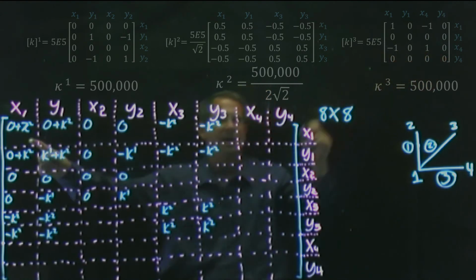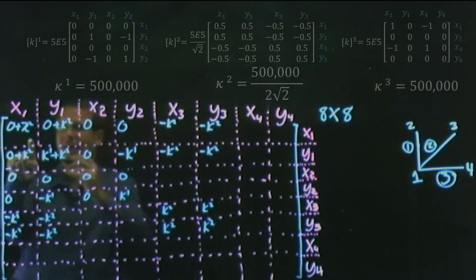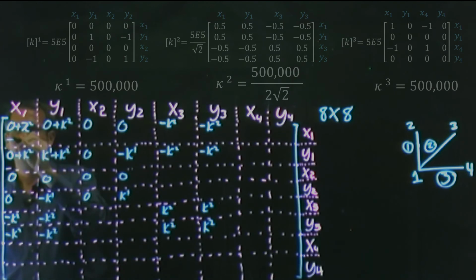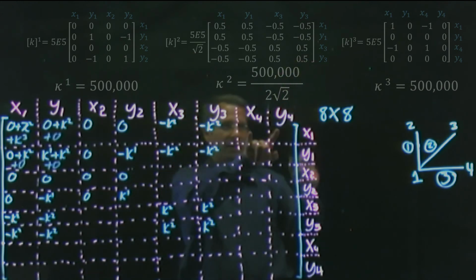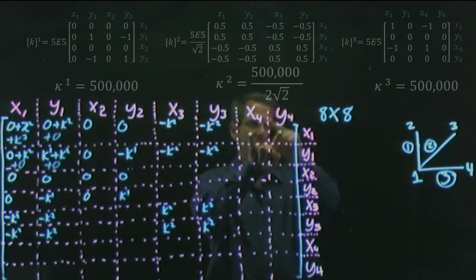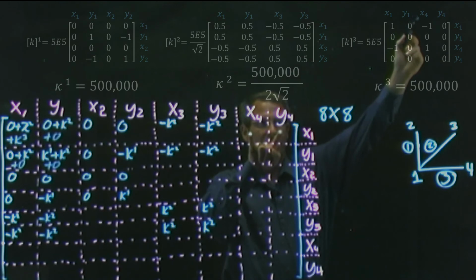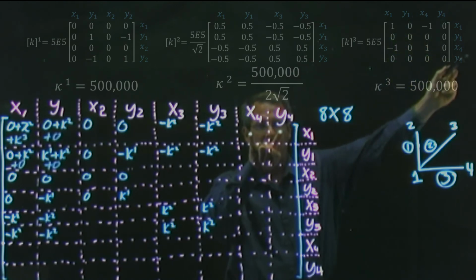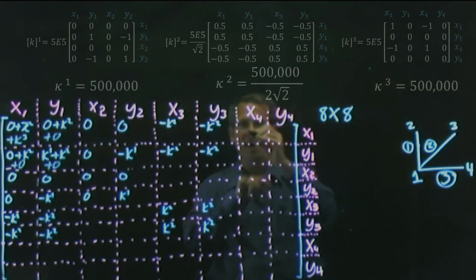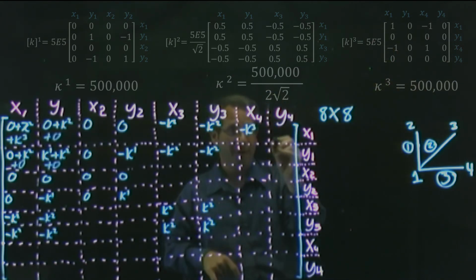Looks like I only have a plus kappa 3. This will be a plus 0, a plus 0, a plus 0. Here I have the fourth x4, y4 column, x1, y1 rows. So in this quadrant, I'll have a negative kappa 3, 0, 0, 0.